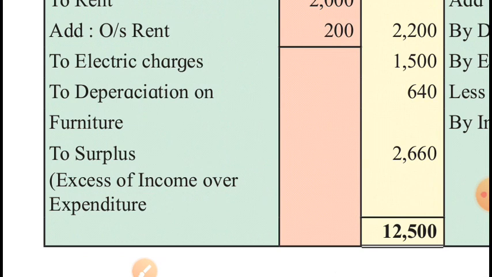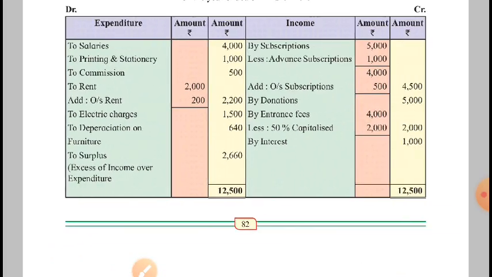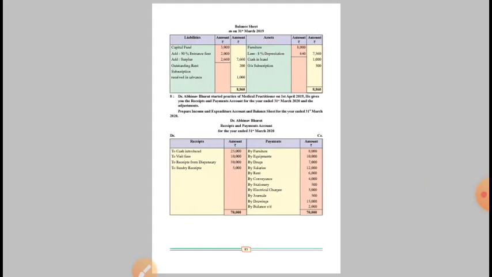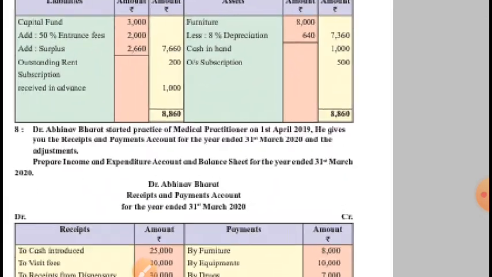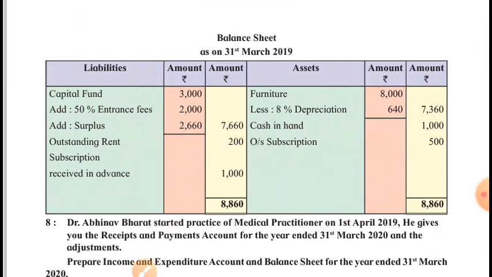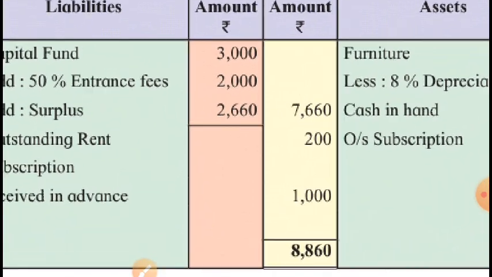and this surplus is transferred to the capital fund. So this amount of rupees 2,660, being the surplus of this organization, will be added to the capital fund. Get it confirmed. Here it is.